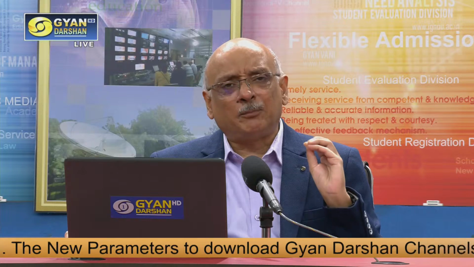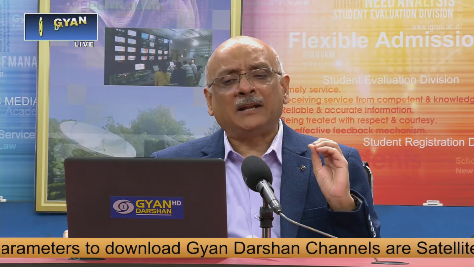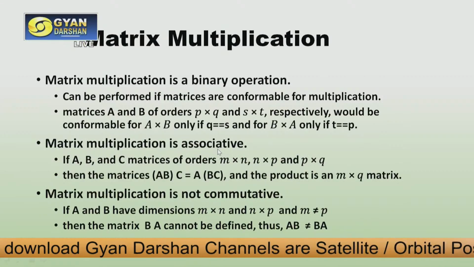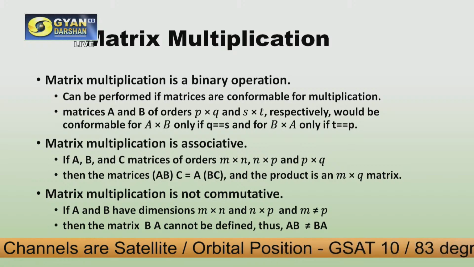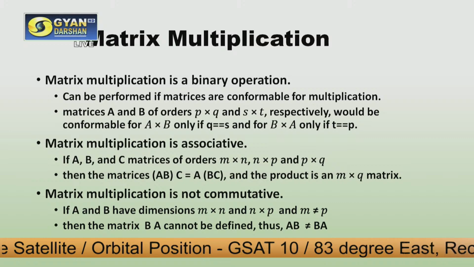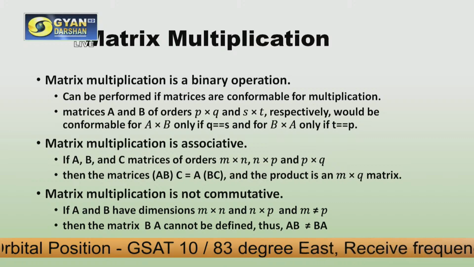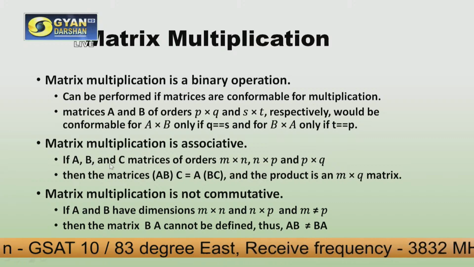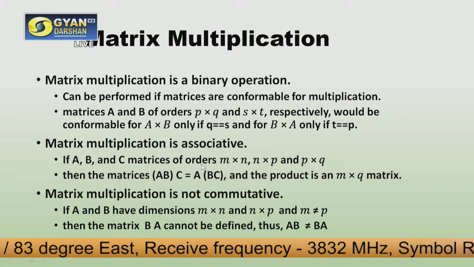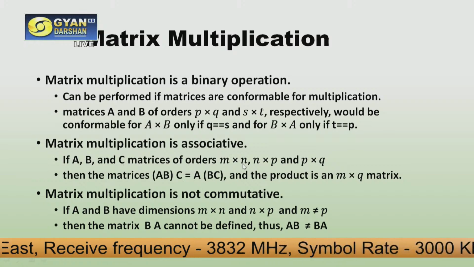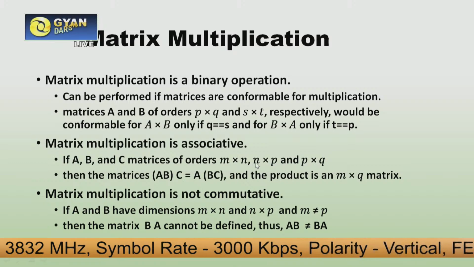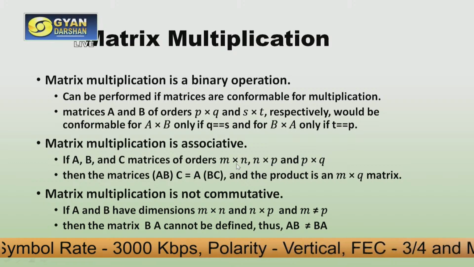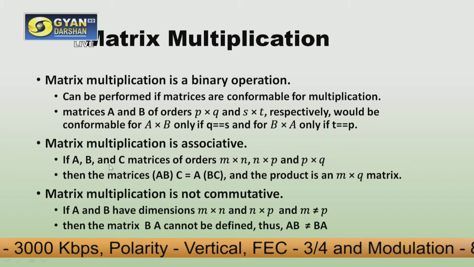Then a very important property here is matrix multiplication is associative. What we are trying to say here is if A, B and C matrices are of order M cross N, N cross P and P cross Q, you can see that they are conformable. A, B, C are conformable, so we can multiply.